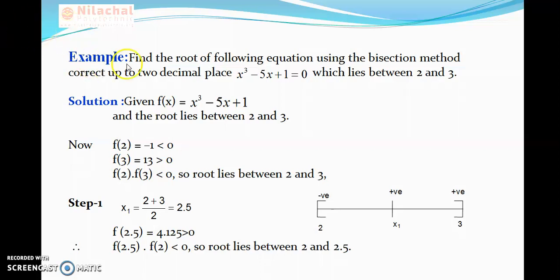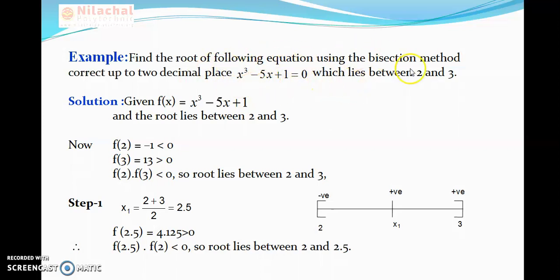The question is given: find the root of the following equation using the bisection method, correct up to 2 decimal places, x cube minus 5x plus 1 equal to 0, which lies between 2 and 3. Clearly here the function is given, and this function is known as an algebraic function.